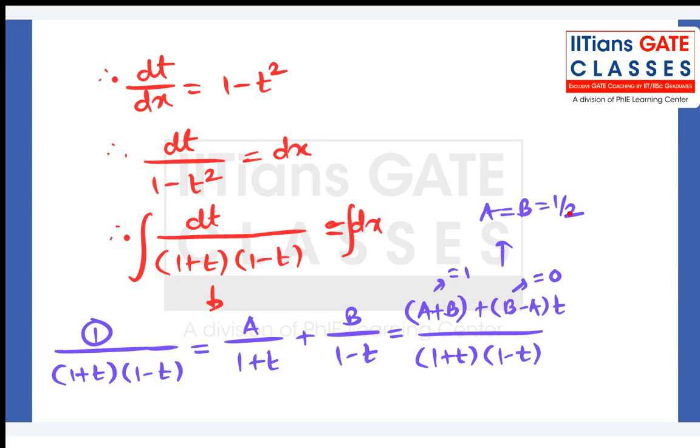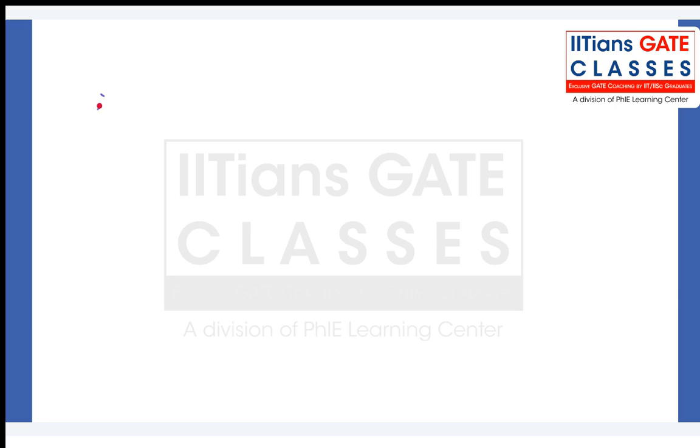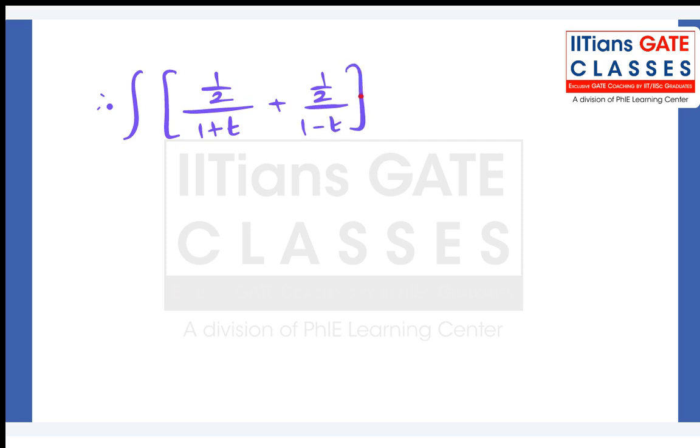Okay, so therefore what you can do, you can write this as 1 by 2 divided by 1 plus t plus 1 by 2 into 1 minus t, dt, and on the RHS you just have x plus c. So that 1 by 2 comes out, and this will be integration of 1 by 1 plus t, so that will be ln of 1 plus t, and this is also integration of 1 by 1 minus t, but there will be a minus sign here.